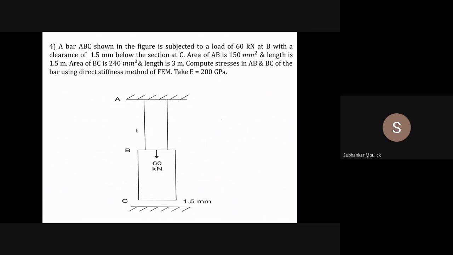In the next class, I will show you the taper problem, how to solve a taper problem by this method. With this, we will complete the first sub part of this module. There are total 3 sub parts in this module.